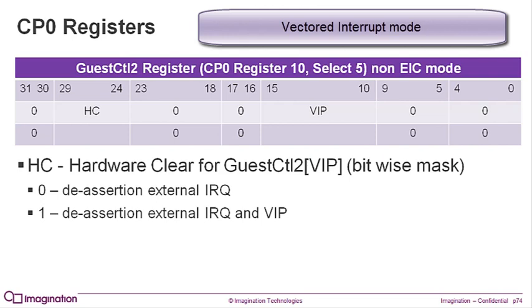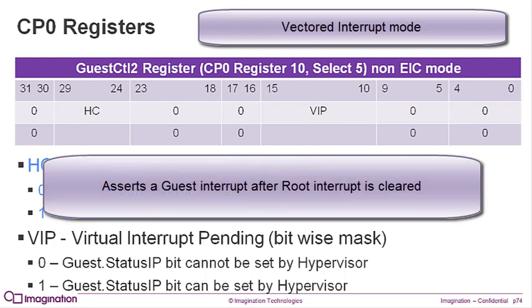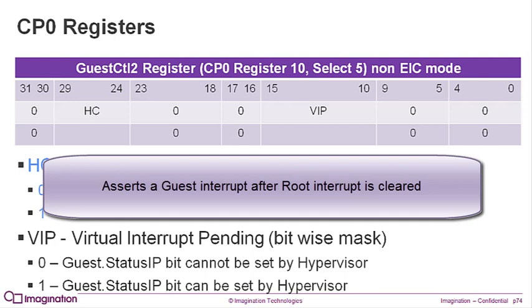This field may be hardwired as a read-only bit set to 1 or 0. Setting the associated virtual interrupt pending bit in the guest control 2 VIP field asserts the interrupt in the guest once an ERET is done in the hypervisor interrupt handler.